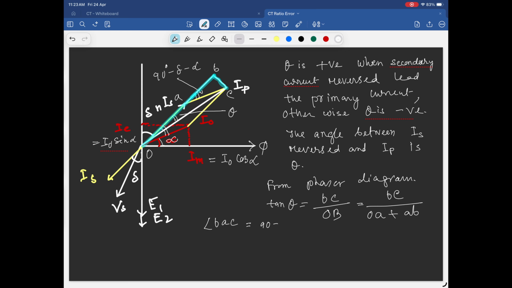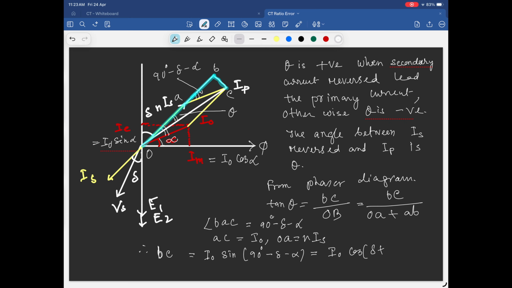From the triangle ABC, angle BAC is equal to 90 degrees minus delta minus alpha, and AC is equal to I0.